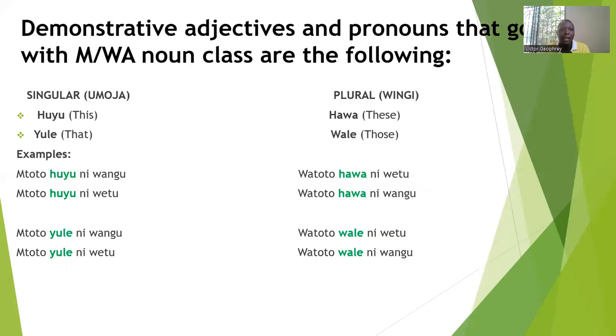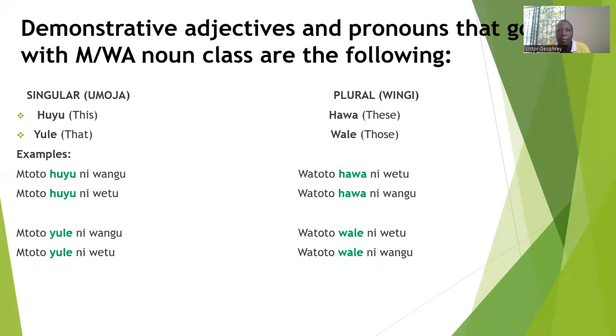Now let's see another thing under noun class one, which is demonstrative adjective. Demonstrative adjective that goes with nouns in one noun class.